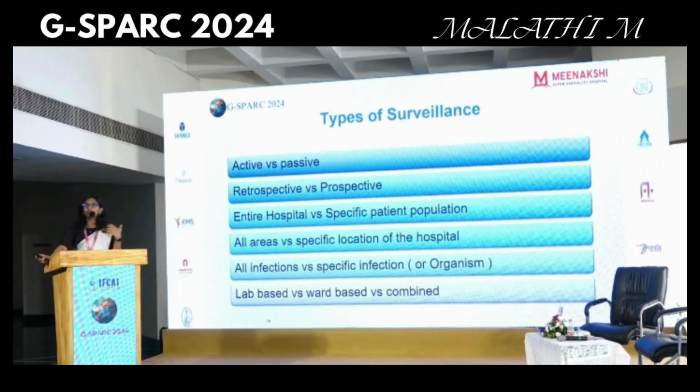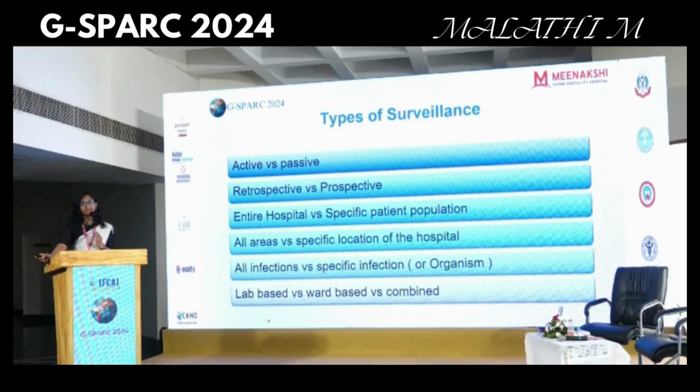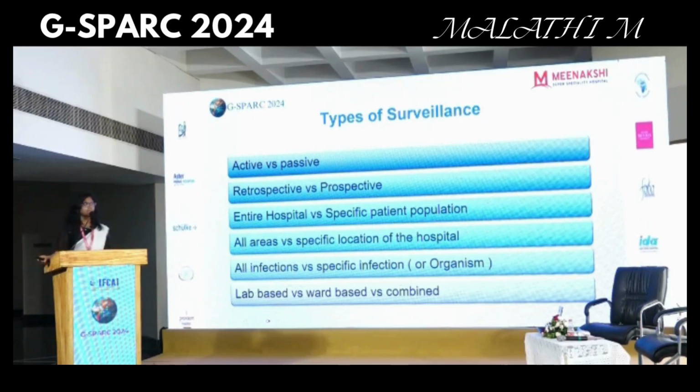Passive surveillance is you collect the data from the laboratory. Let's say they report a growth of Acinetobacter, Klebsiella pneumoniae. Then your ICN goes and sees the patient and collects the data passively. So the ideal method is active, but you can try passive if you have a resource-limited setup. Once you start doing passive, project it to your admin and make sure that you need an active surveillance, get the manpower. That's the trick in it.